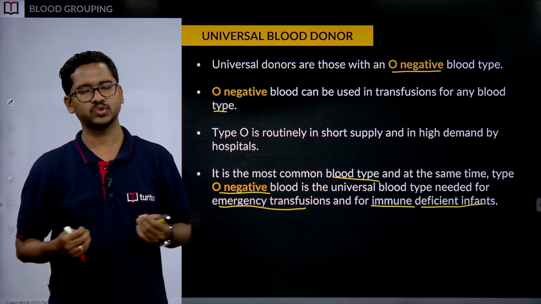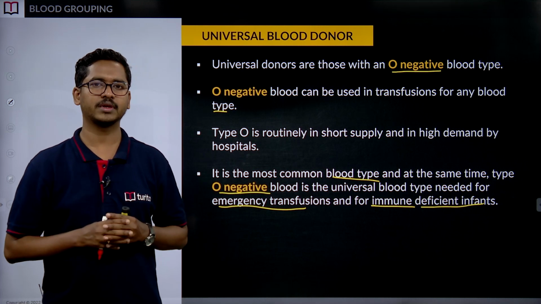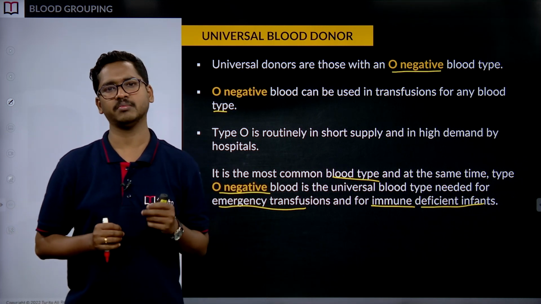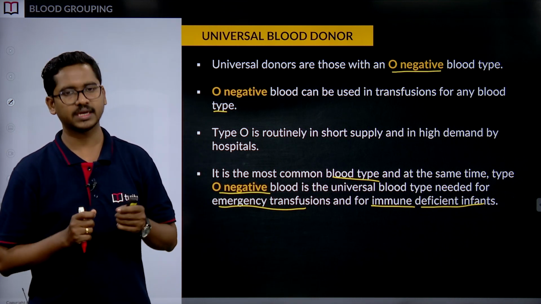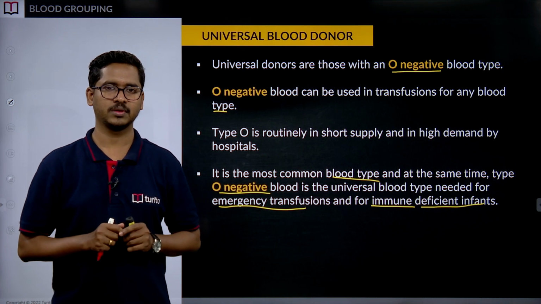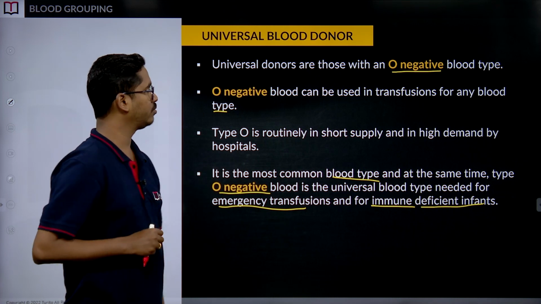If these two bloods are different, then they may not have the ability to fight against the antigens present in the mother's blood. In that case, we need the O negative blood group. That is one good reason why we need this O negative blood group.